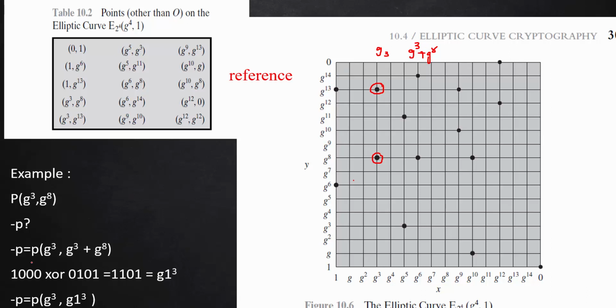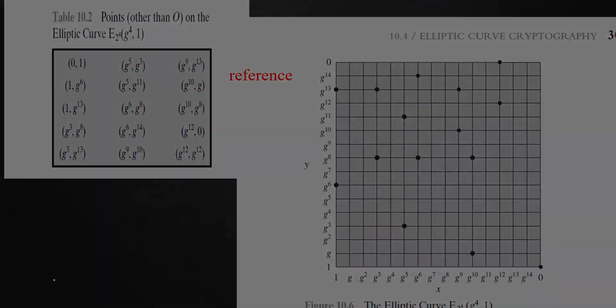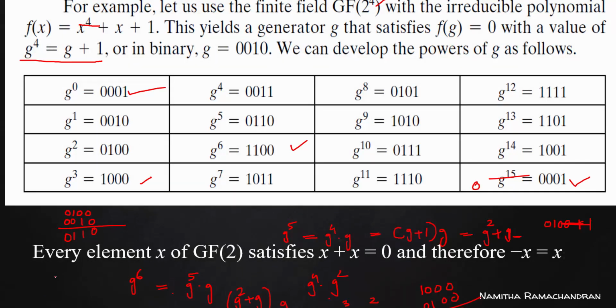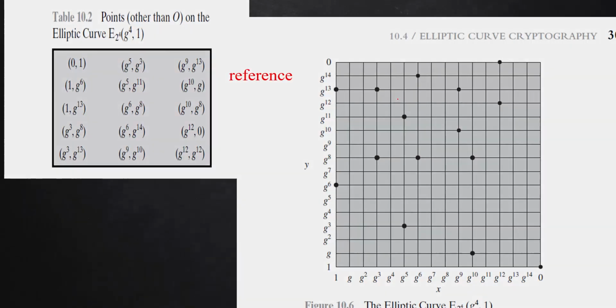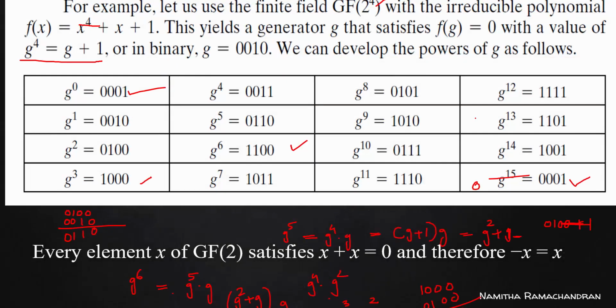For performing this addition, we need to consider the representation of g3 and g8. We need to perform the XOR operation. From this derived table, we know that g3 is 1000 and g8 is 0101. So in order to perform that addition, just perform that XOR operation. We will get 1101. 1101 is actually what? 1101 is g13.